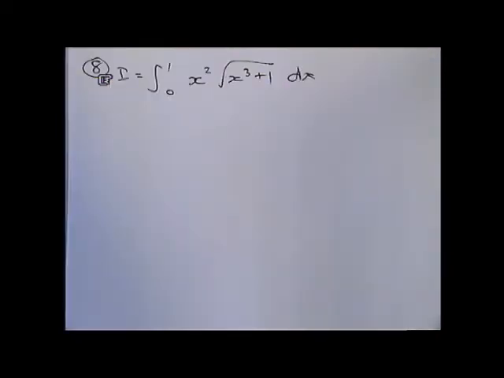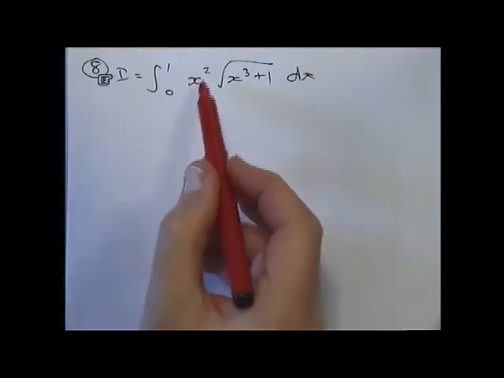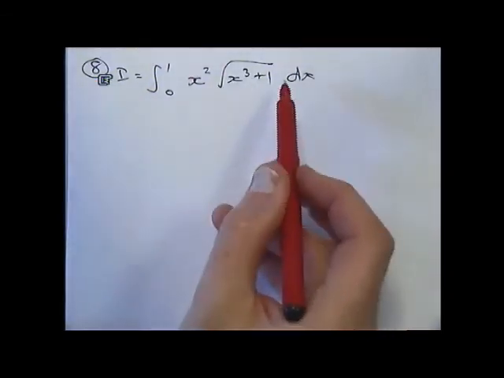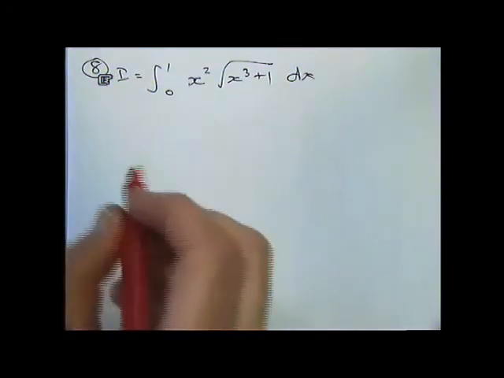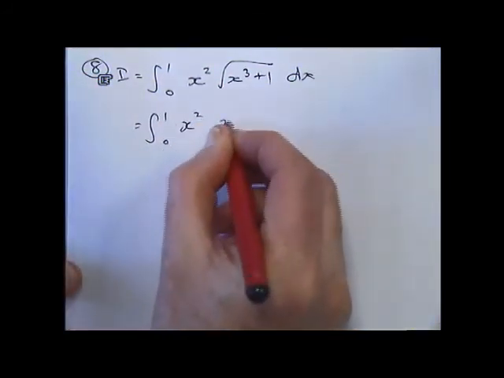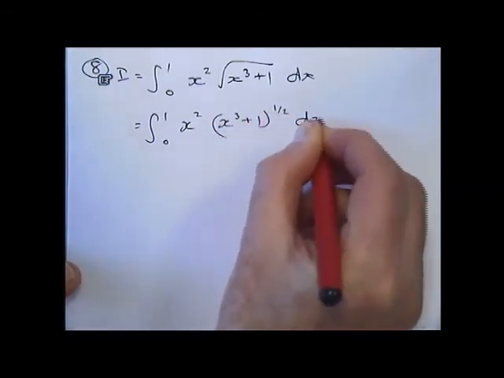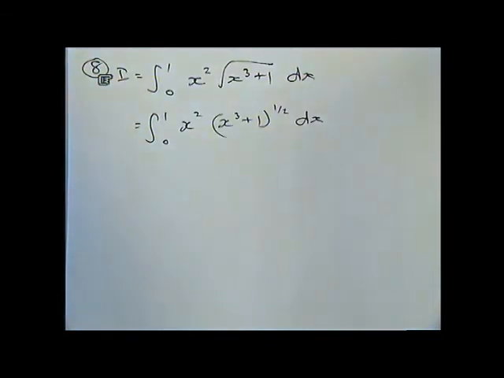So this is the next example. It's a definite integral. We've got x squared here, x cubed plus 1 all square rooted there. The first thing that I would do is get rid of that square root sign and write that as a power of 1/2.